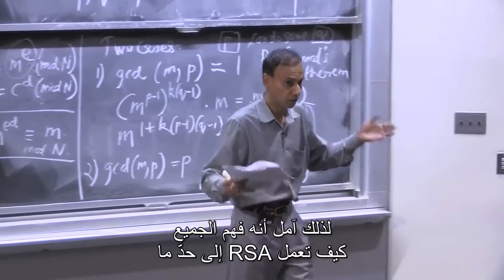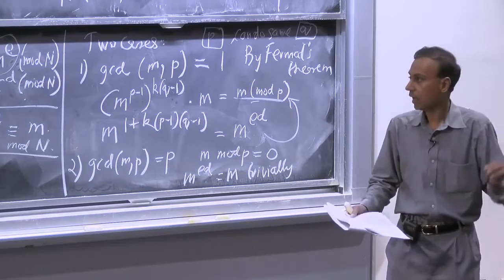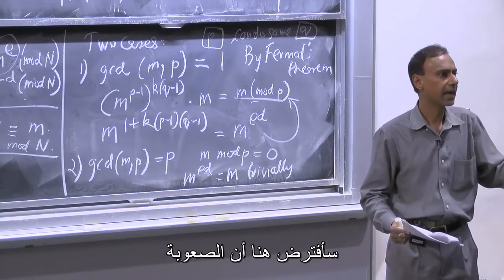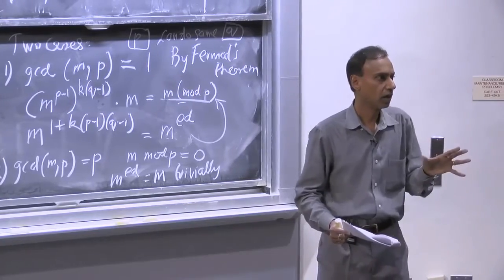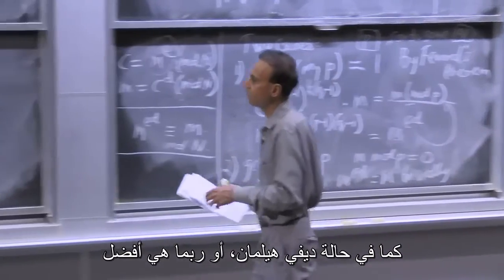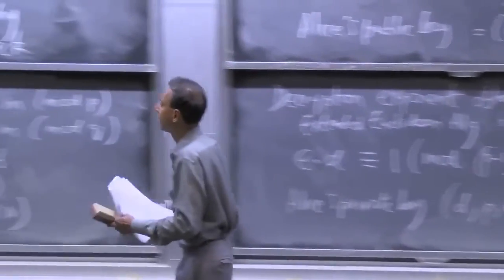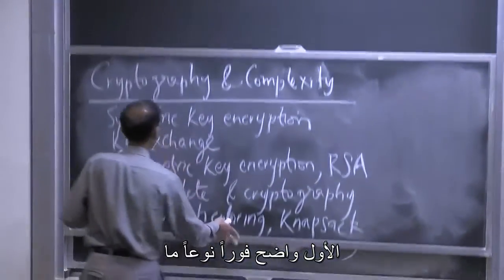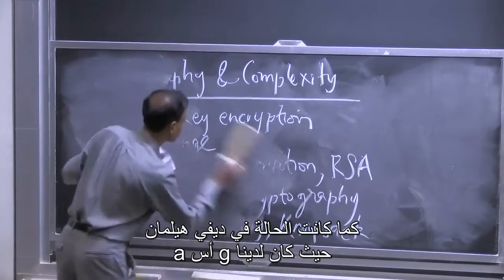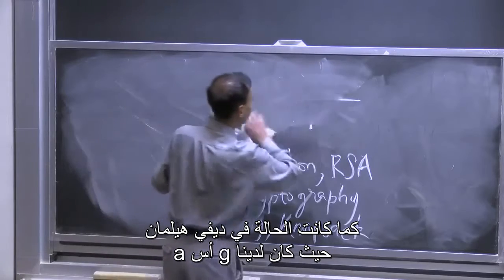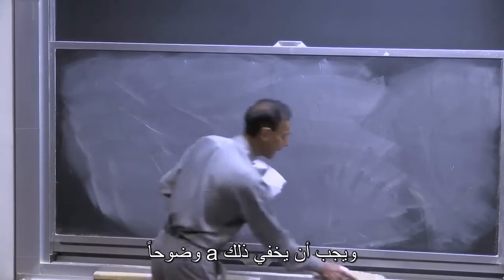And so hopefully you all understand how RSA works to some extent. I just will leave it at the hardness assumptions here are, like in the case of Diffie-Hellman, twofold. And the first one is kind of immediately obvious, just like it was the case with Diffie-Hellman, where you had g raised to a flying about, and obviously that has to hide a.